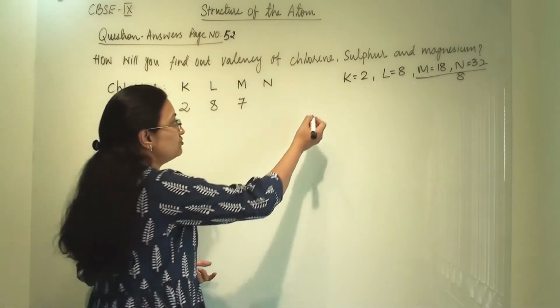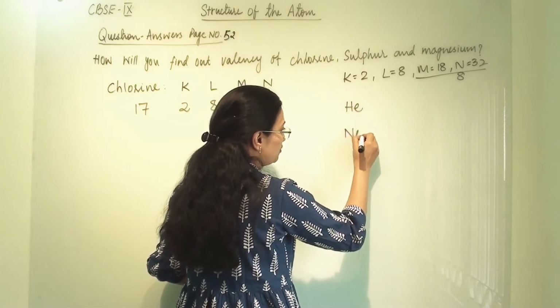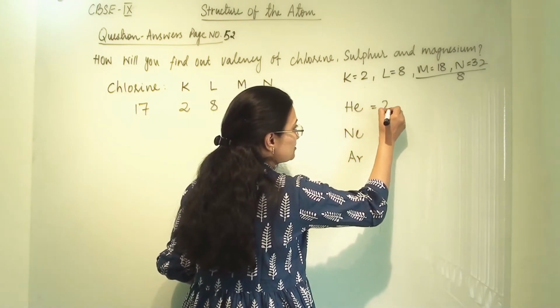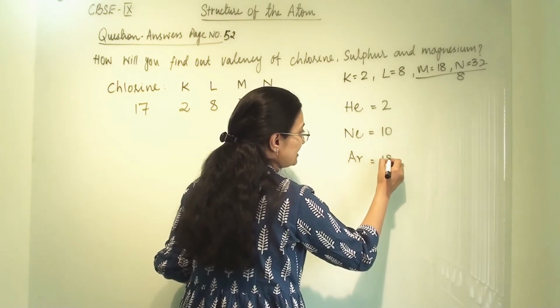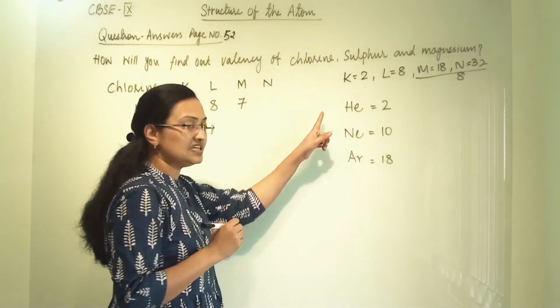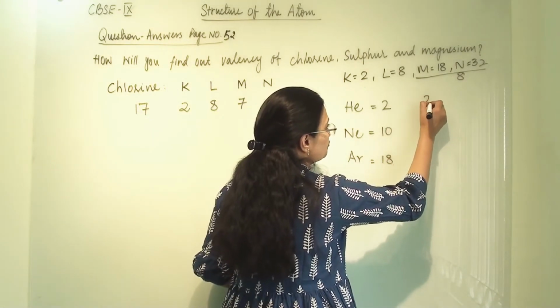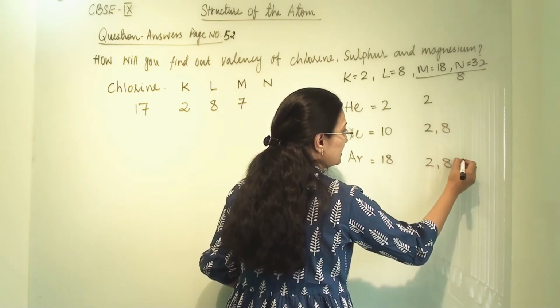Now, which noble gases do we have? First is helium, then neon and then argon. Helium has 2 electrons, neon has 10 electrons, argon has 18 electrons. If we see their electronic configuration, it is 2; 2, 8; 2, 8, 8.